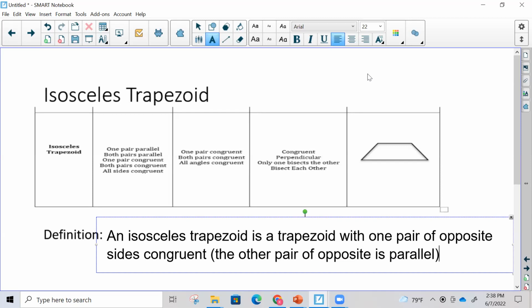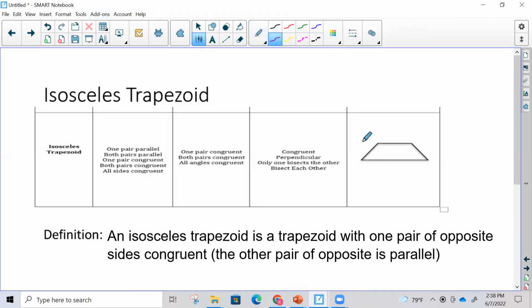That's because it's a trapezoid. So how it works is that you have one pair that is parallel, and then the other pair of opposite sides is congruent. That's an isosceles trapezoid. So it has one pair of opposite sides parallel, and it has one pair congruent.